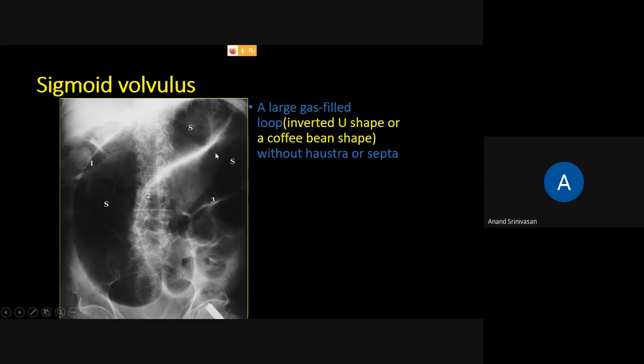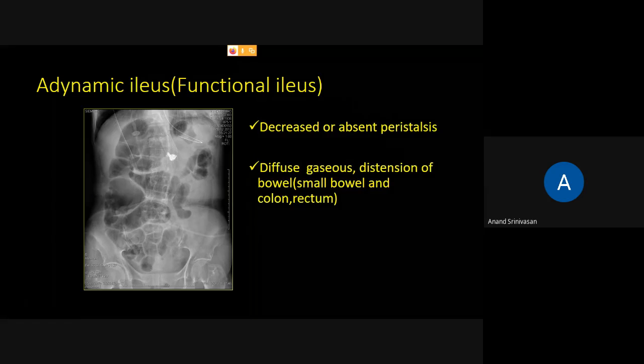This is called the coffee bean appearance, it looks like a coffee bean. Here you won't be able to see the haustrations because of the dilated segment of the large intestine. In this case, you can suspect that this is a sigmoid volvulus.